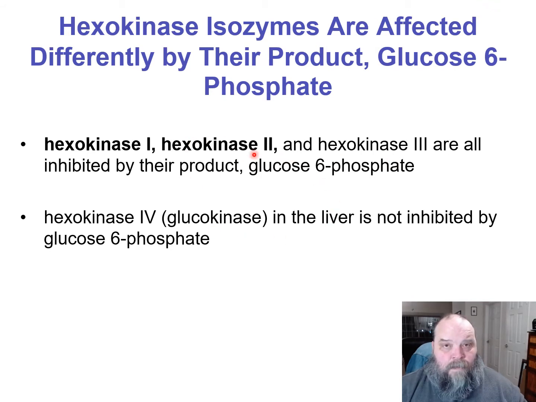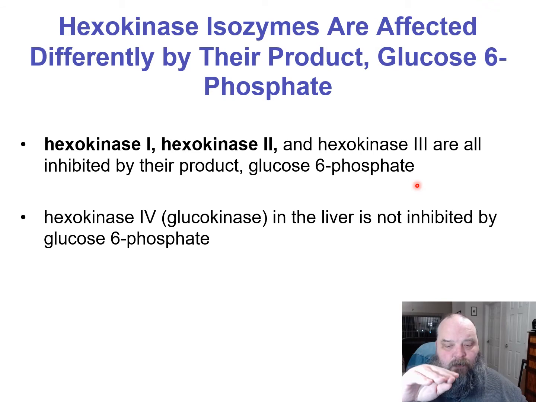Our cells make them, maintain them, and then just judiciously regulate when they can be active and when they can't be active. Turns out hexokinase 1, 2, and 3 are all inhibited by glucose 6-phosphate. So again, it's a threshold thing. With high levels of G6P, glucose 6-phosphate, in the cytoplasm, hexokinase 1, 2, and 3 are going to be slow and sluggish in their activity rate.